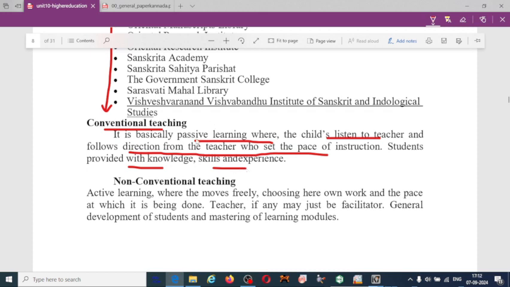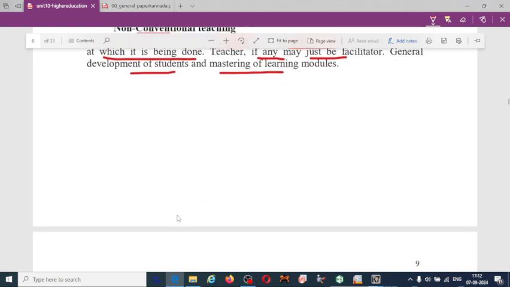Conventional means formal teaching. Non-conventional teaching is active learning where the student moves freely, choosing their own work and the pace at which it is being done. The teacher, if any, may just be a facilitator, for general development of students and mastering of learning models.